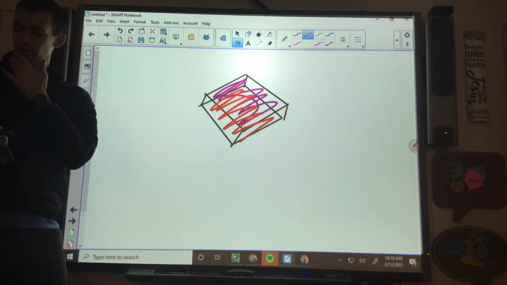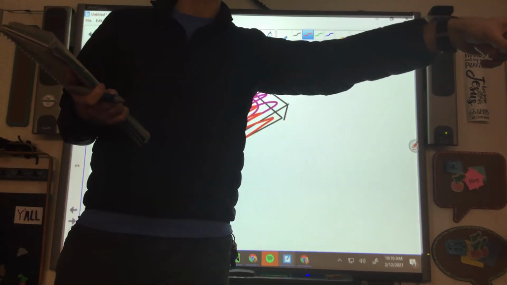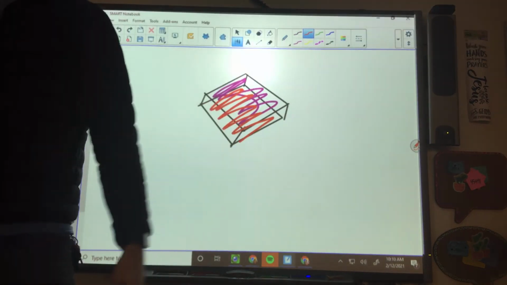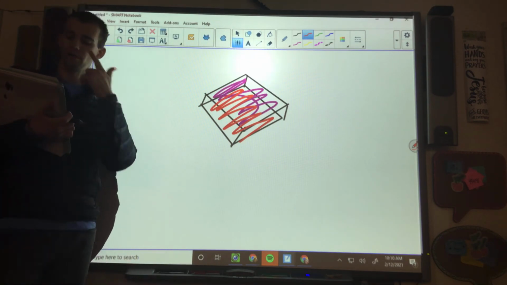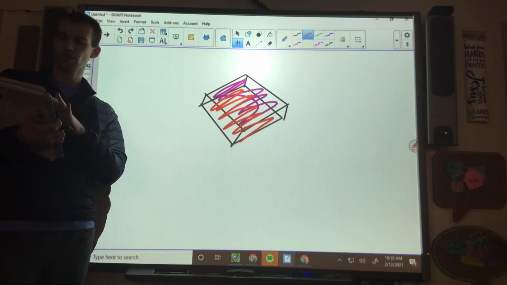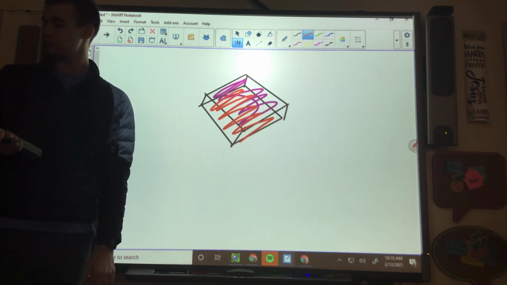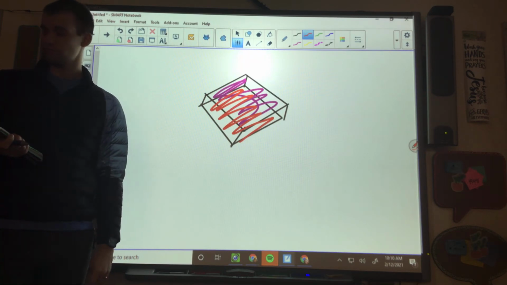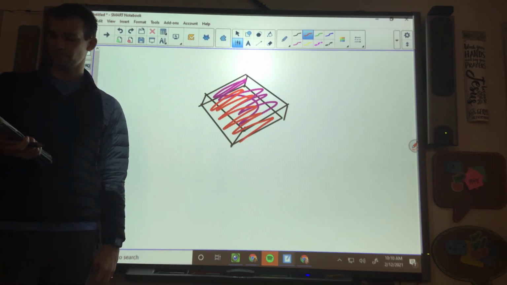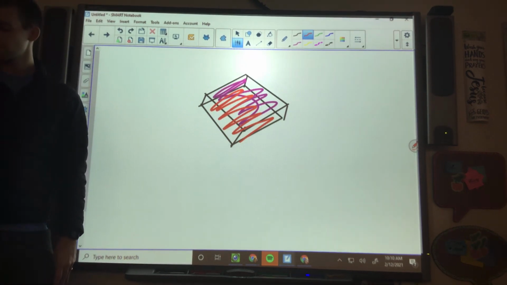Alright, on page 237, are we on page 237? So it talks about edges, bases, faces. It has 2 bases, 8 vertices, and then there's 12 what are they called?